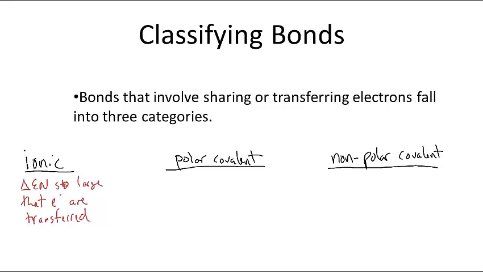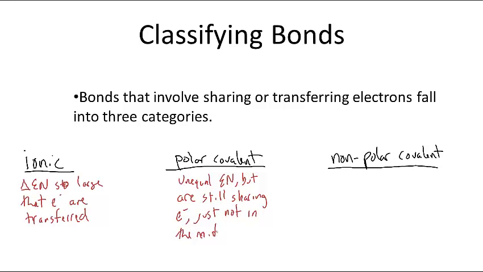Now, in polar covalent, they have an unequal electronegativity, but are still sharing electrons, just not in the middle. That's a terrible way of saying it. Not in the middle, or not evenly. So here you're going to get partial positive and partial negative. With ionic, you have full plus and full negative.